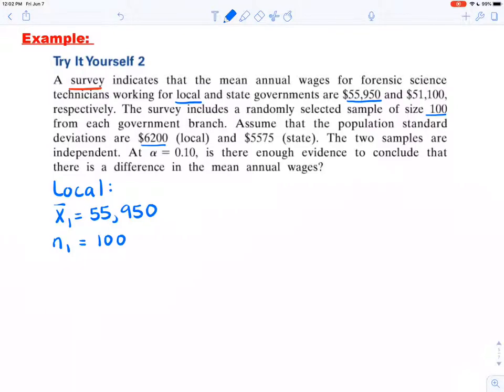And then very careful here, notice you are given population standard deviation. That's really important because you can only use Z if you know the population standard deviation. So if this standard deviation was only for that sample of 100, it would not be sigma and you could not use the Z test. But because it represents the entire population, it is a value of sigma, and I'm going to label it as sigma 1.